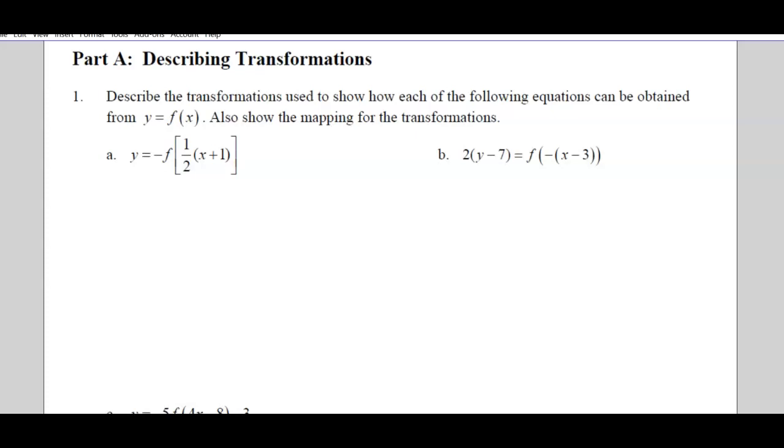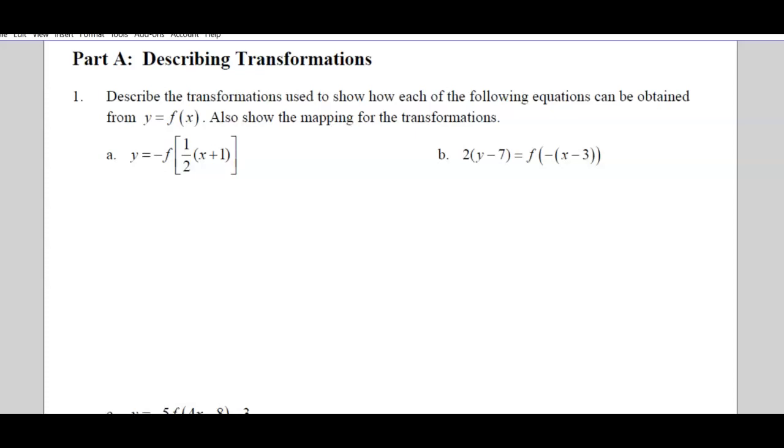So y is by itself. Look, guys, look for stretches. A number in front of f, it's -1. Well, that negative is a reflection, so I'm going to hold off on saying any stretch for a vertical. Here, the coefficient of x is 1/2.